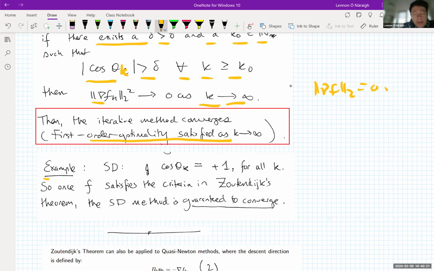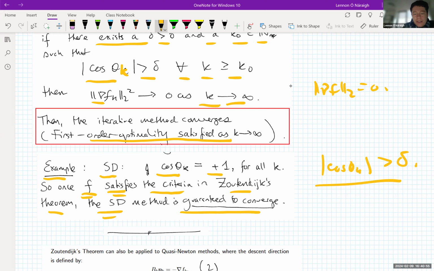And just an example of how this particular result can be applied, if we look at the steepest descent method, then cosine theta k is actually 1. So we can keep cosine theta k away from 0. So once our f is such that it satisfies the criteria in Zoutendijk's theorem, then the steepest descent method is guaranteed to converge.